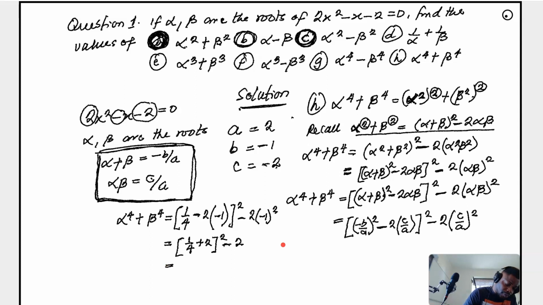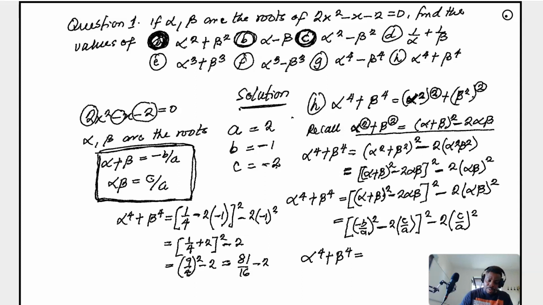Okay, so 1 over 4 plus 2 over 1. 4 times 1 is 4, 1 times 1 is 1, and this is 8. That is 9 over 4. So we have 9 over 4. So this is 9 over 4 squared minus 2. Okay? 9 over 4 squared is same thing as 81 over 16. Then minus 2. That is what it means. So alpha raised by 4 plus beta raised by 4 is equal to, now I'll press the calculator here.